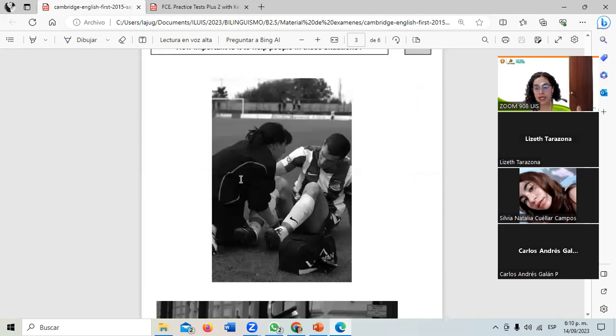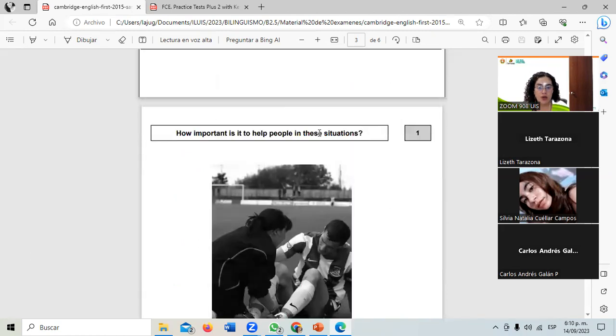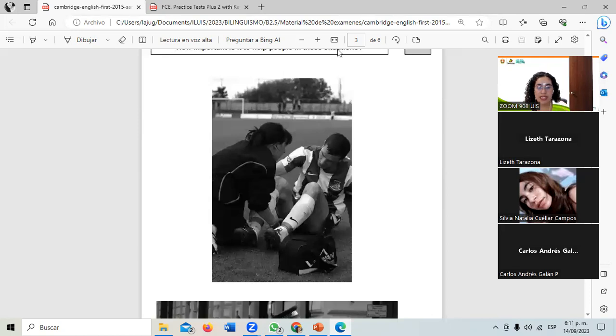So in this part, you will also need to describe pictures or talk about the pictures and the questions that you will find above the picture, okay? So it's necessary to talk for at least a minute with fluency, using the appropriate vocabulary, pronunciation, etc. Okay? So that's what we're going to start our class with today.